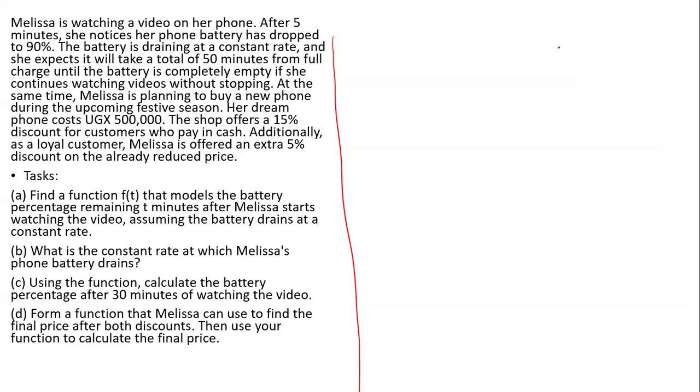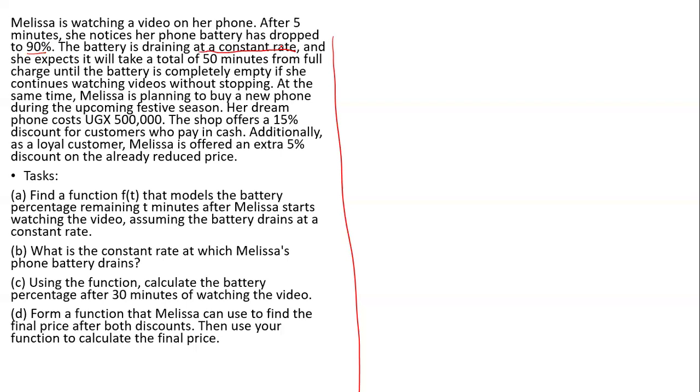they told you that Melissa is watching a video on her phone. After 5 minutes, she notices her phone battery has dropped to 90%. The battery is draining at a constant rate. Now, this word here is very important: a constant rate.